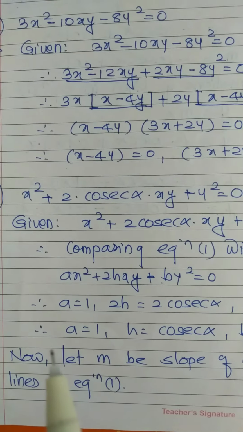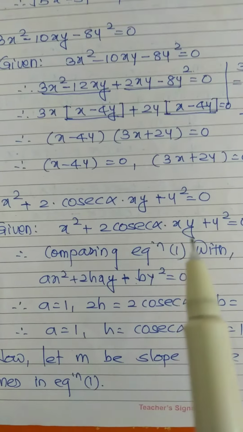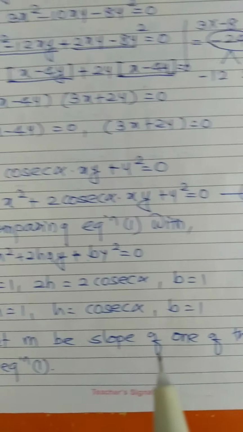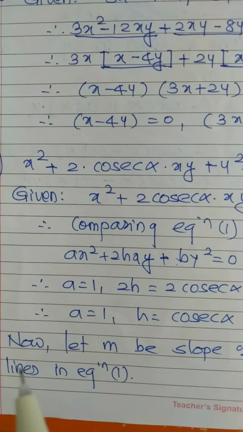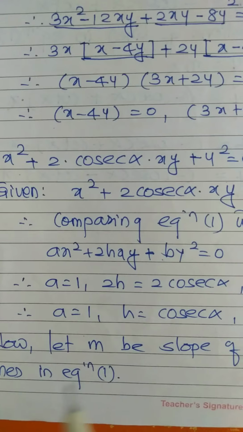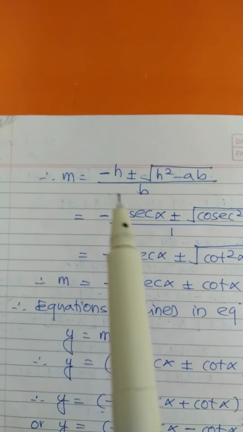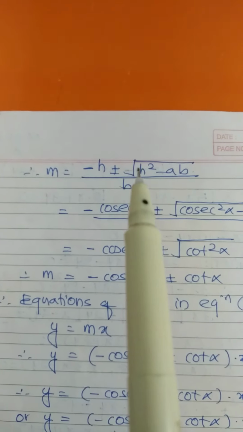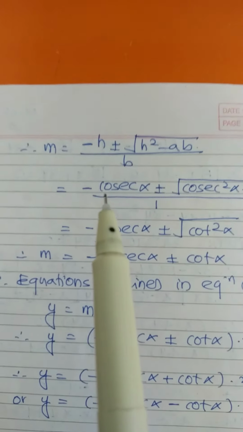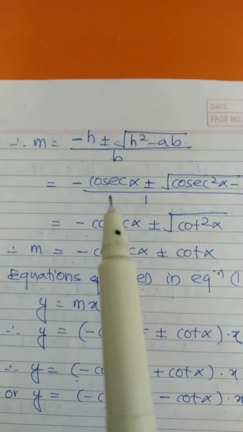Let m be the slope of one of the lines in the equation. How can we calculate m? For that there is a formula: m equals (minus h plus or minus square root of h square minus ab) divided by b. Put the values: h is cosec alpha, and since a and b are both 1, ab is 1, divided by b which is 1.